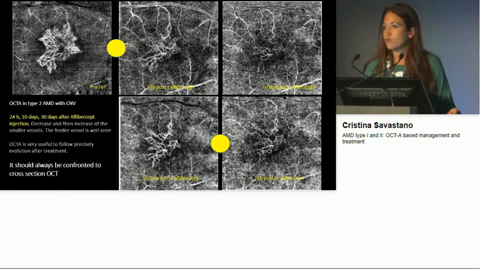After 10 days, we can see and define well the feeder vessel all around the CNV that generally reappeared in the same position after the start of the activity of the injection, and after new injection, the vessels are newly decreased in dimension like the decrease of CNV.